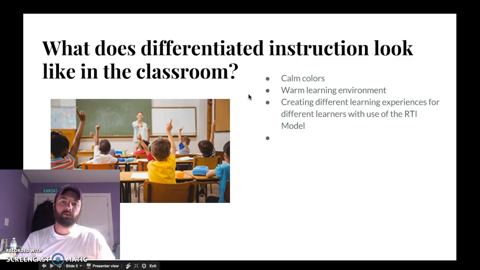What does differentiated instruction look like in the classroom? To more understand the students' plight in this situation, you obviously have to go through your RTI models and figure out which student needs what, where, when.